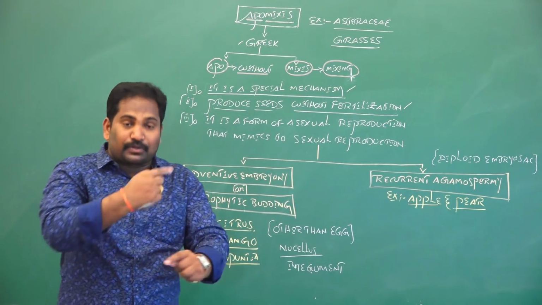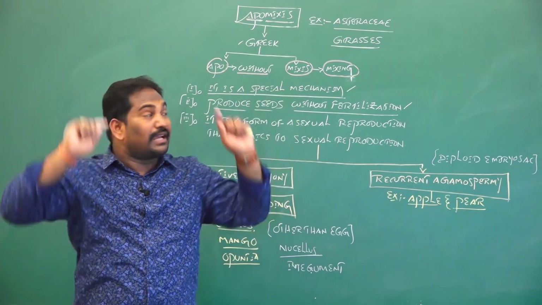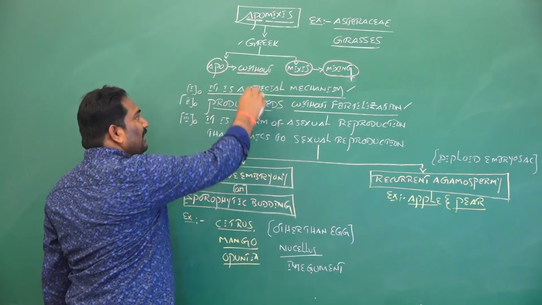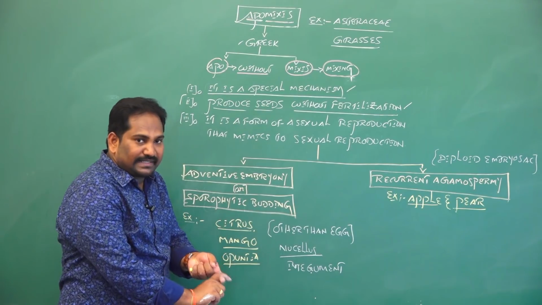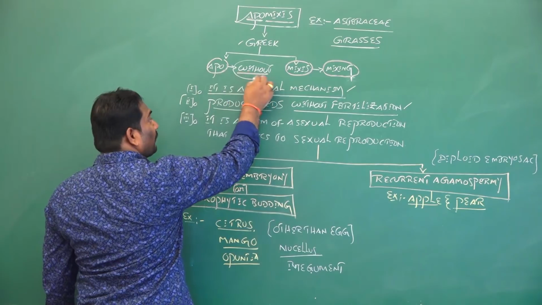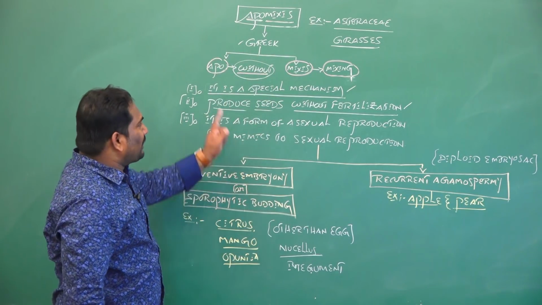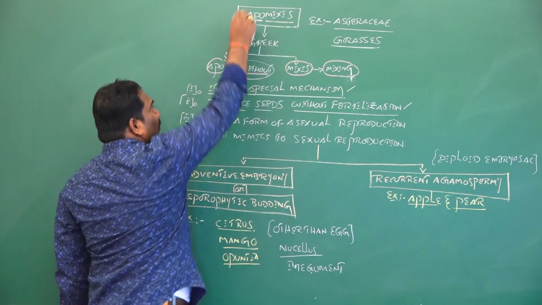If seeds are produced from the ovule without fertilization, it is called apomixis. Without fertilization means there is no union of male and female gametes.